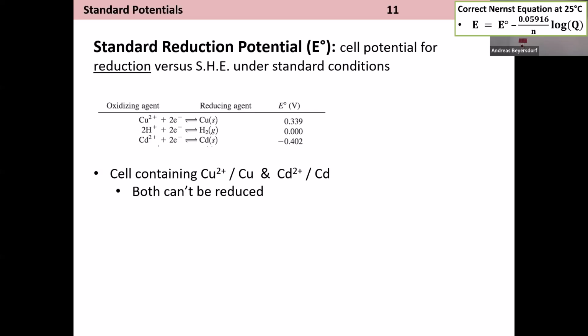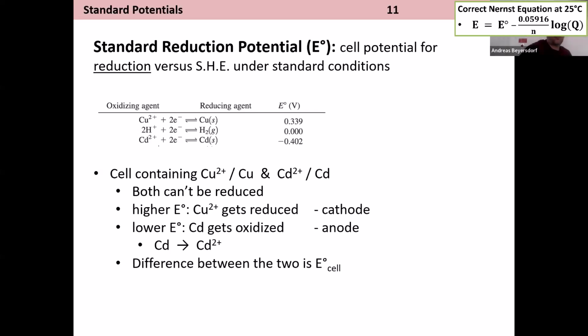And this is reduction. We're going from 2 plus to 0. And what does that mean the cadmium has to do? It has to do the opposite, which is oxidation. So we can calculate the cell potential, which we'll put standard because we're under standard conditions.